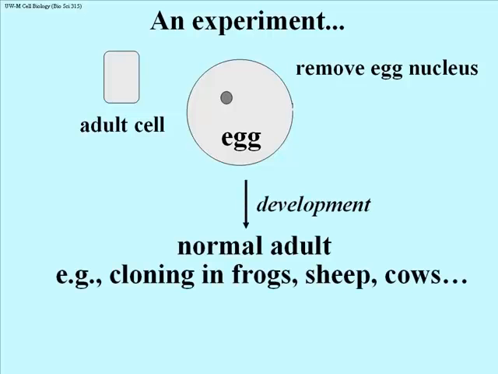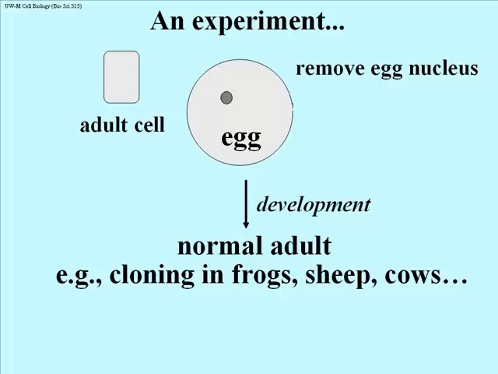The egg begins to develop, and under the right conditions, and with a bit greater complexity than I'm showing here, this egg with an adult nucleus in it instead of its normal nucleus can develop into a normal adult. And this is the essence of cloning in frogs and sheep and cows and more recently cats and dogs and you name it, and eventually I'm afraid also humans, regardless of the ethics of the whole thing.